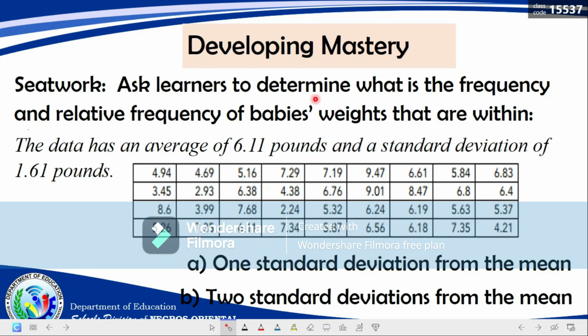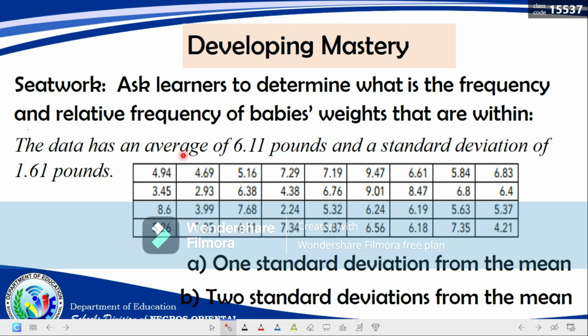Okay, let's start with developing mastery. You will have a sheet work. I'll ask you to determine the frequency and relative frequency of babies' weights, where the data has an average of 6.11 pounds and a standard deviation of 1.61 pounds.